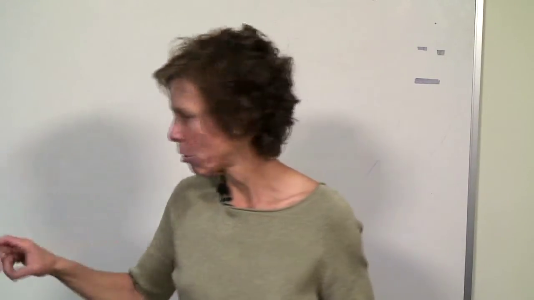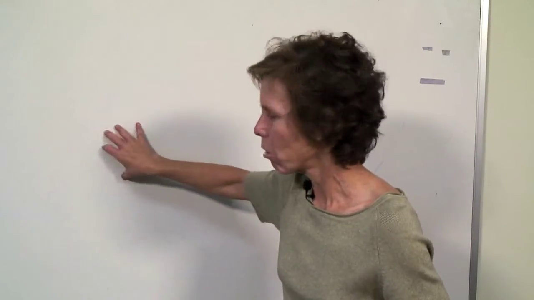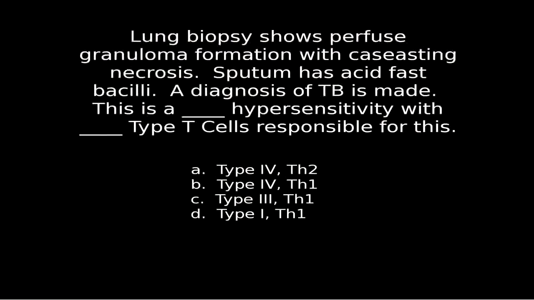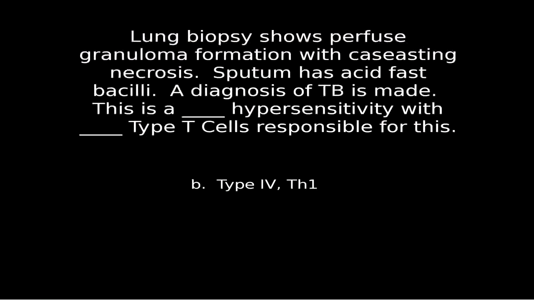There's a certain ring around it which is called Langerhans cells, but you get more to that in pathology. But the important thing here is that when you see granuloma formation, you're talking about a delayed type 4 hypersensitivity, and you're talking about Th1, and you're talking about interferon gamma is the most important cytokine to feed that fight.